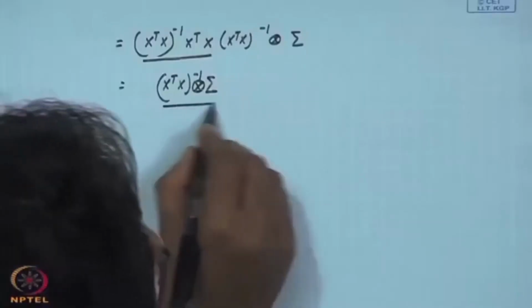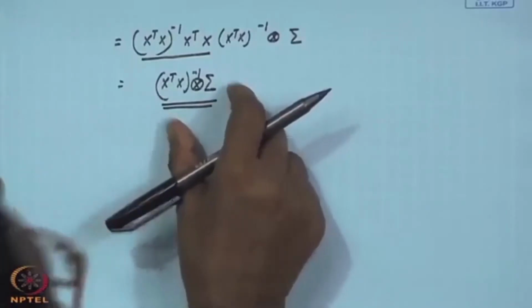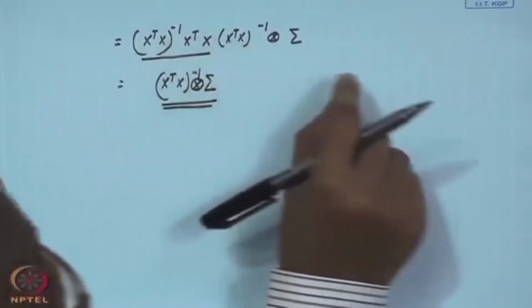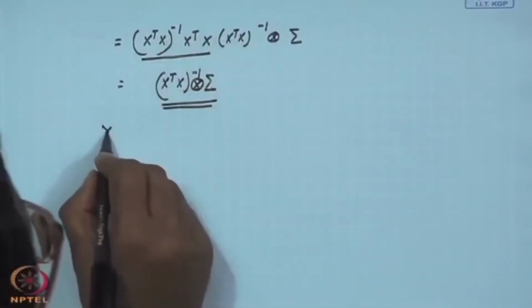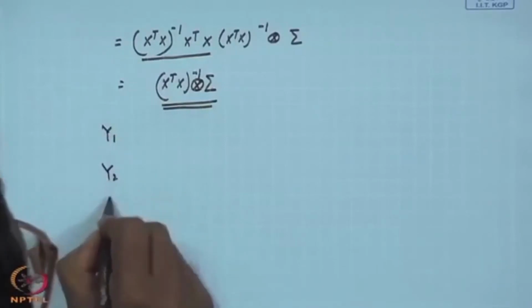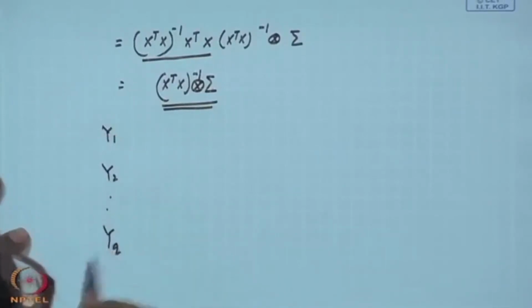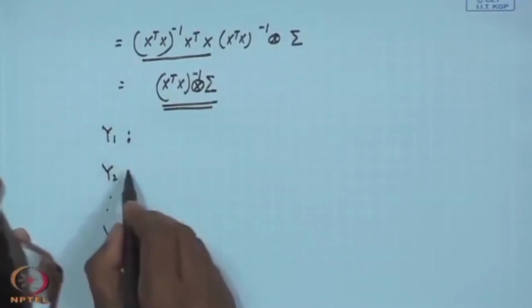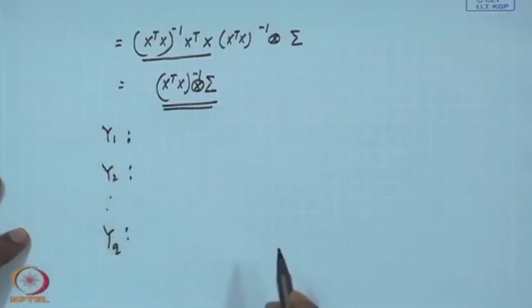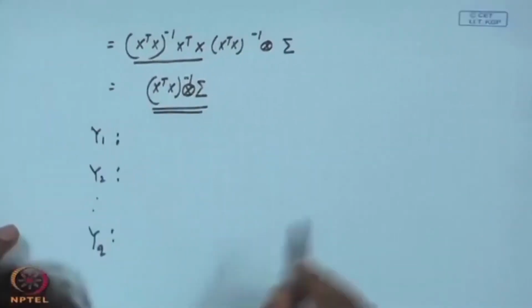For every observation of x, the y sigma will be equal, and that is true for all other y values also. So this is fine, but when you use an individual y like y1, y2, up to yq, you have to be very judicious about what you use.